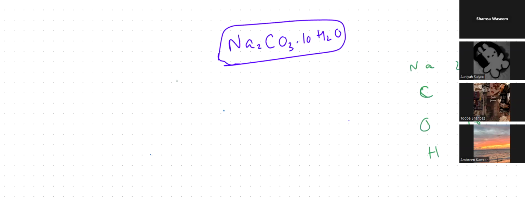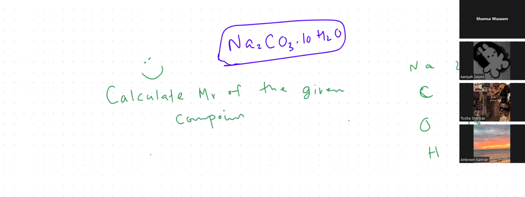We should do more of this exercise in the next class. So note down: you have to calculate the relative formula mass or relative molecular mass of the given compounds, because I'm giving you ionic as well as covalent compounds. When solving, recall whether you are calculating relative formula mass or relative molecular mass.